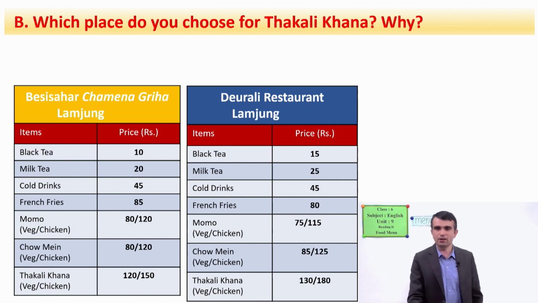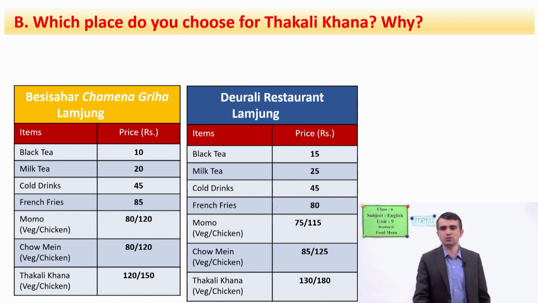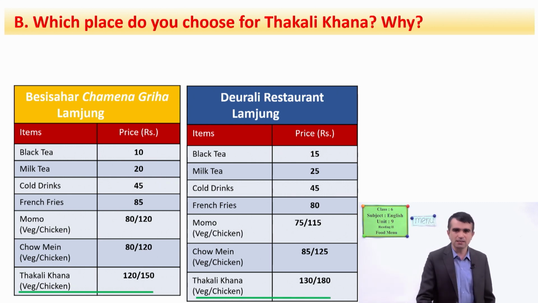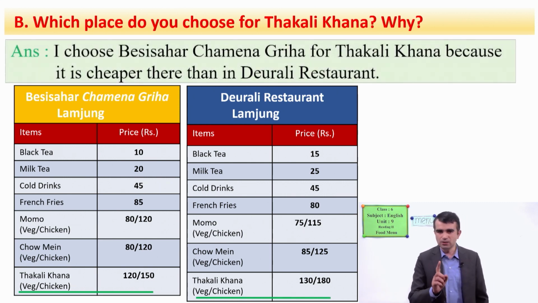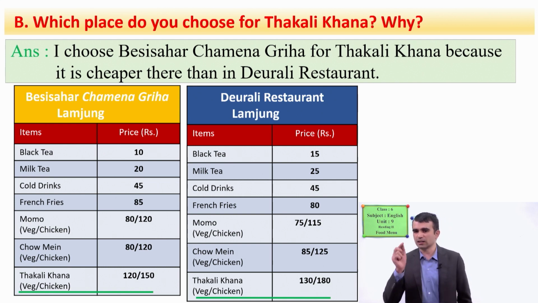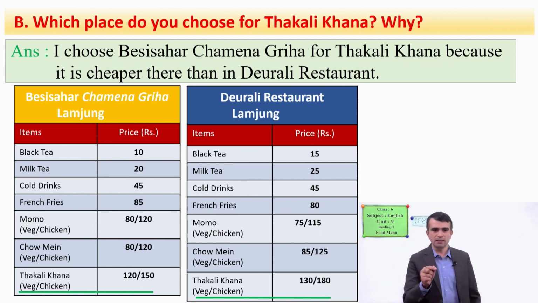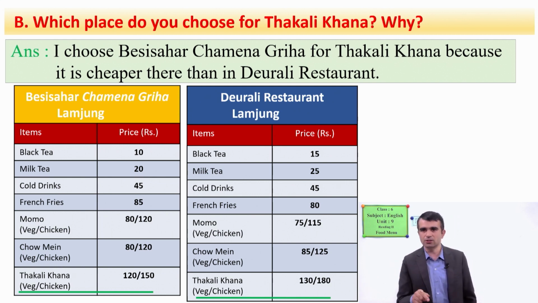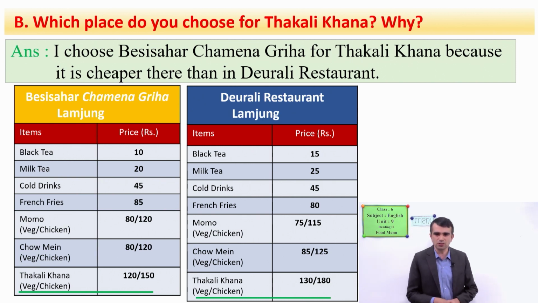Okay, then what do you say? Which place do you choose for thakali khana? Now, here you can compare these prices and say, I choose Beshar Chaminagriya for thakali khana because it is cheaper there than in Devrali restaurant. Is it so?